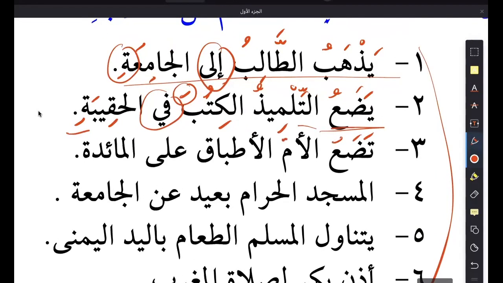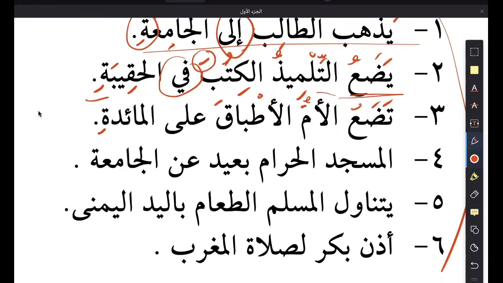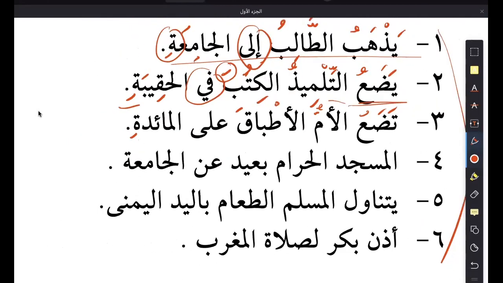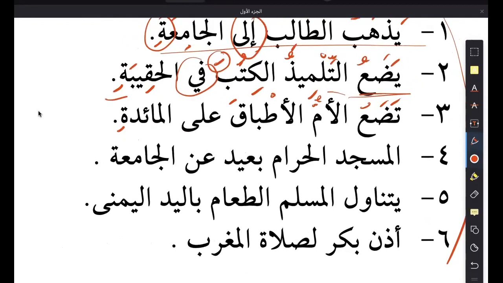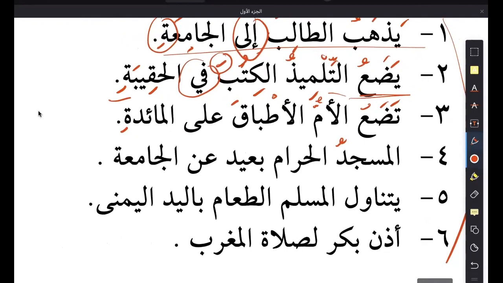تضع الأم الأطباق على المائدة. Okay, I'll just give you the grammar, and then I think the other spelling you already know. المسجد الحرام. المسجد الحرام بعيد عن الجامعة.